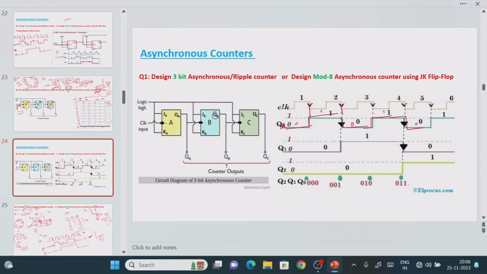Now see that the output of QB depends upon what? QA, right? But here we need to take the negative edges of QA, not this one, because the second flip-flop depends upon the output of QA. So it starts here. This value will be 0. After 0, during this time period, what is the answer? 1. After 1, what is the answer? 0. Now QC depends upon what? QB, right?